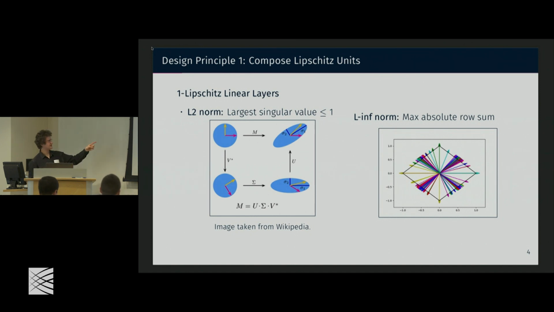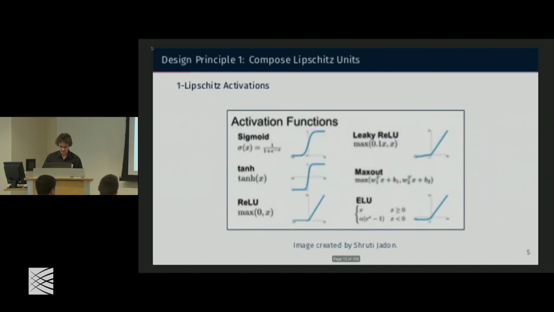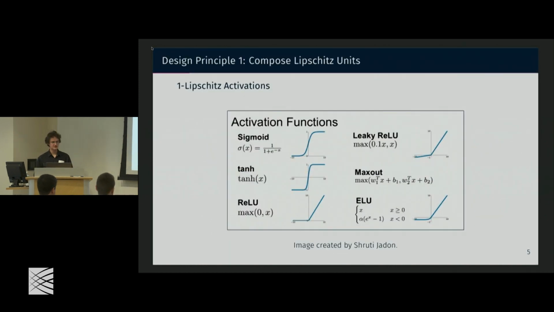I should also specify that for the L2 norm, the condition I've described geometrically corresponds to having the largest singular value less than or equal to 1. We'll talk a lot more about how to algorithmically do these later in the talk, but for now it suffices to say that this has been studied very well in the literature, and there exist cheap, fast, convenient ways of achieving both of them. And it's even easier for activation functions, because almost all of the activation functions we commonly use today can be trivially scaled so that the slope doesn't exceed 1 anywhere.